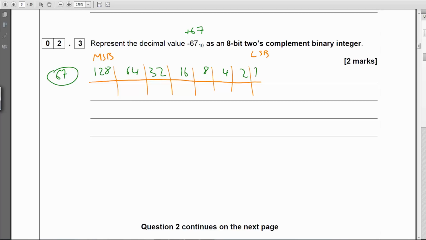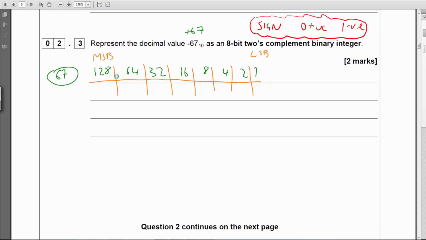A sign bit means when it's 0, it's positive, and when it's 1, it means negative. That's relatively important, but for our purposes it doesn't really matter.